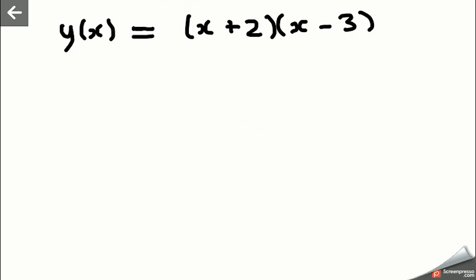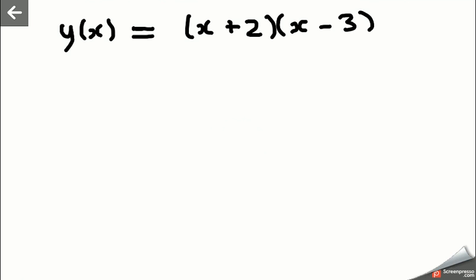If we expand it out, we get y of x equals x squared plus 2 minus 3, so minus 1x, plus 2 times negative 3, so minus 6. To say that again, y of x equals x squared minus x minus 6. That's how it would look if we wrote it out in full. So we know this is a parabola because it fits our original definition with a equal to 1, b equal to negative 1, and c equal to negative 6.